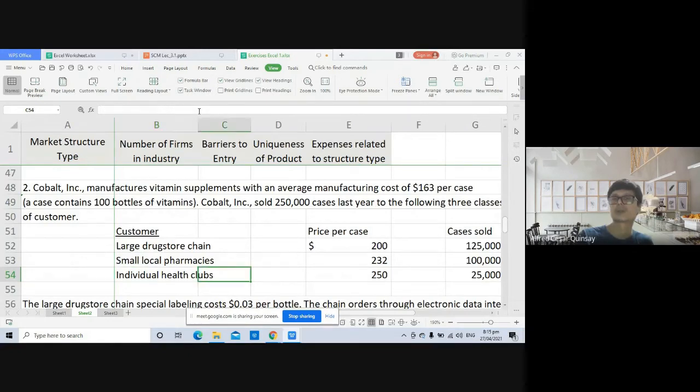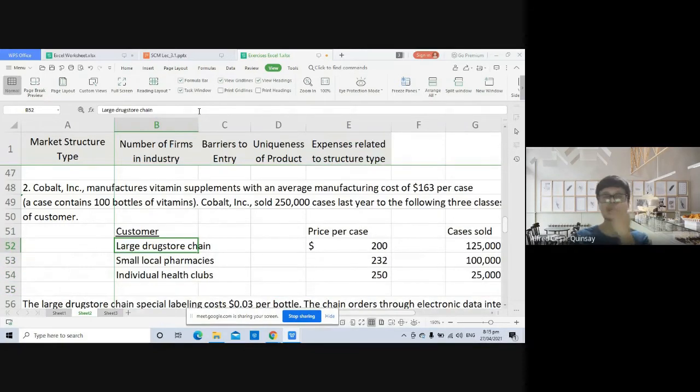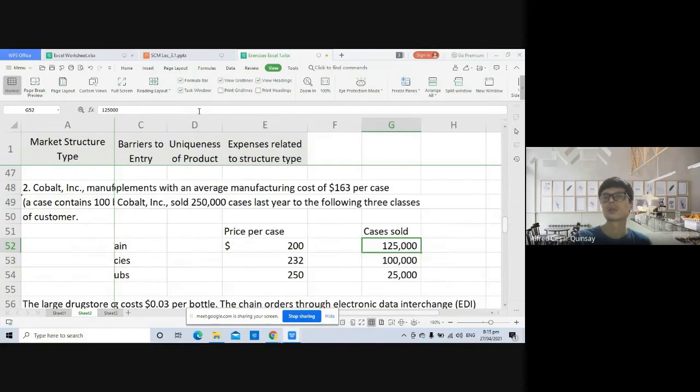So yung price per case niya is 250, and 25,000 yung cases na naibenta. So makikita natin dito yung price per case niya, 200, 232, 250. Lumalaki kada segmented na customer niya. Tapos itong cases sold, total niyan is 250,000 cases.